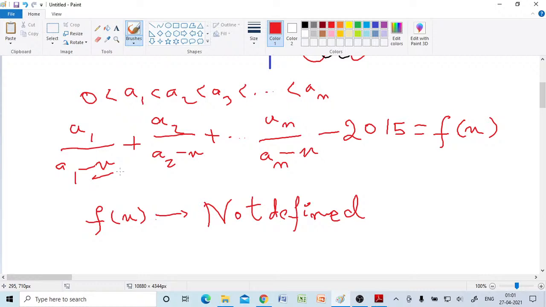We can see that the left hand limit and the right hand limit of this function are not the same, because if we approach a1 from the left hand side, this will diverge to positive infinity, whereas if we approach a1 from the right hand side, the function will diverge to negative infinity.